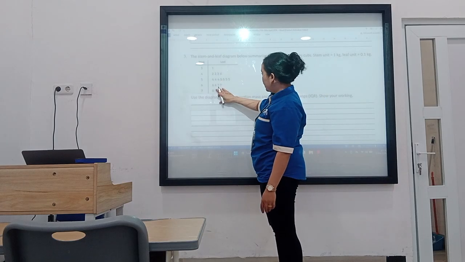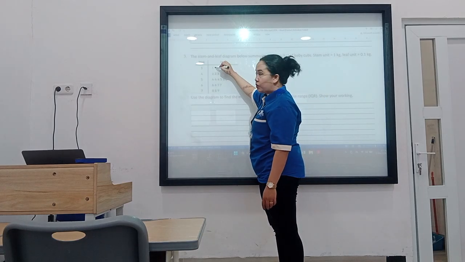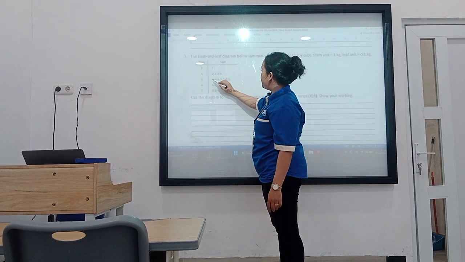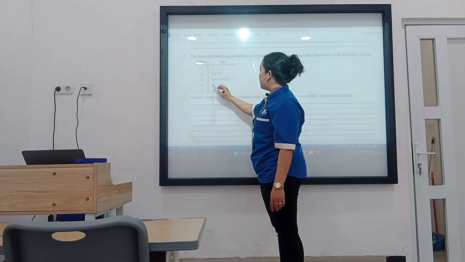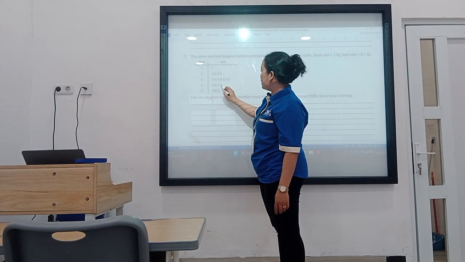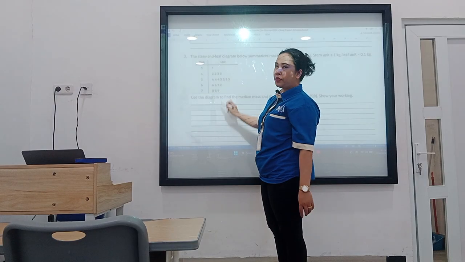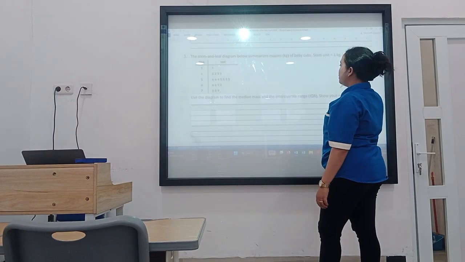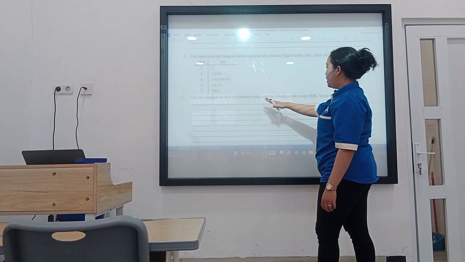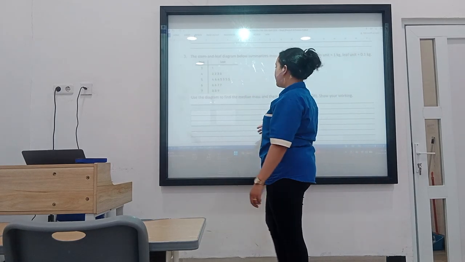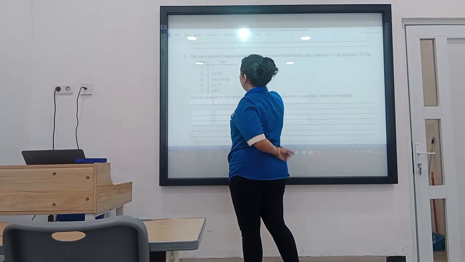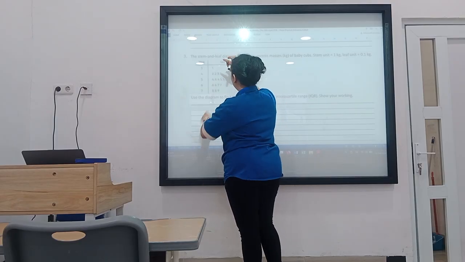We can count here: 1, 2, 3, 4, 5, 6, 7, 8, 9, 10, 11, 12, 13, 14, 15, 16, 17, 18, 19. And then the median, we take the middle number.